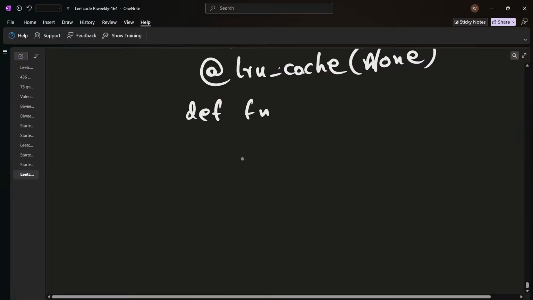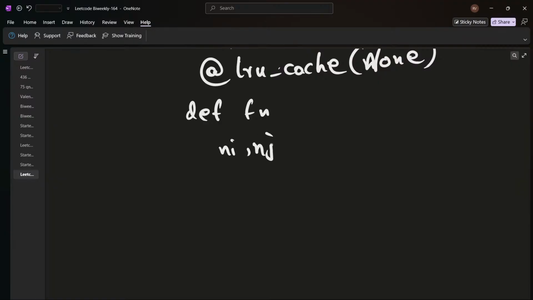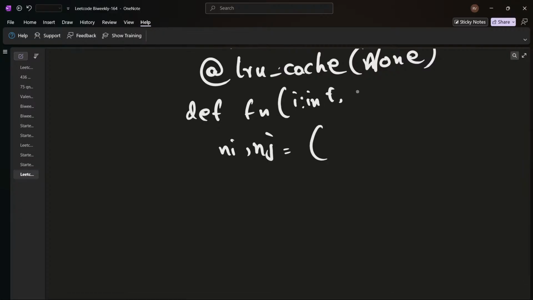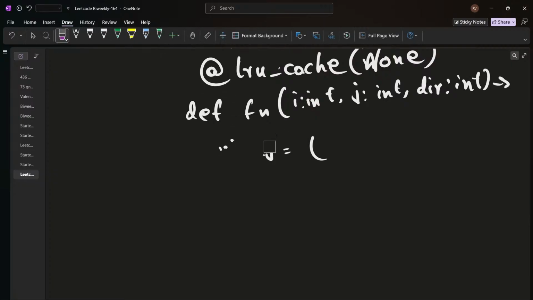I'll take all this moving right, down and all, ni, nj. This function will have i int, j int, direction int, and then optional, this is tuple, whatever you guys call. I mean, if you want me to write, I'll just write it. Let me just write that also.